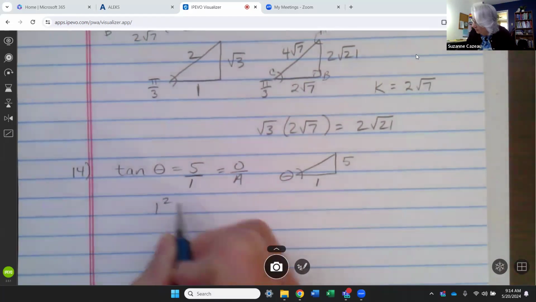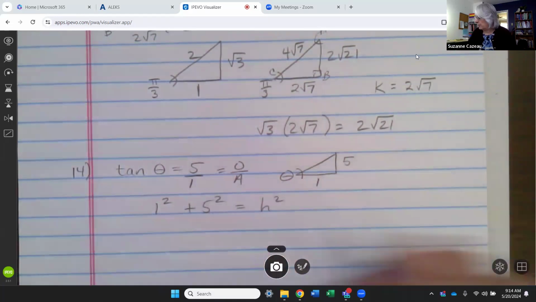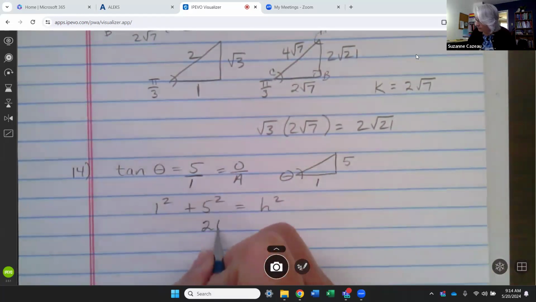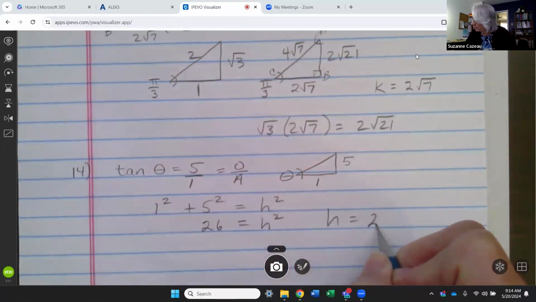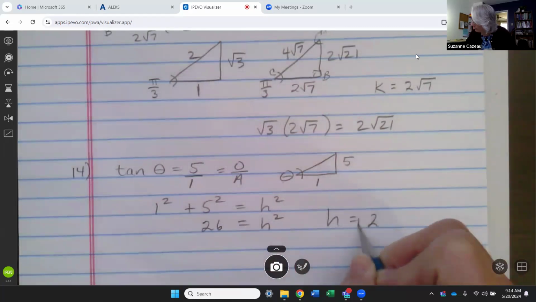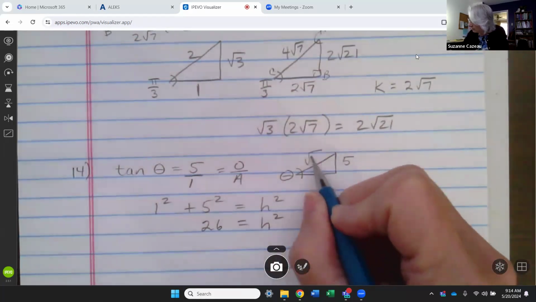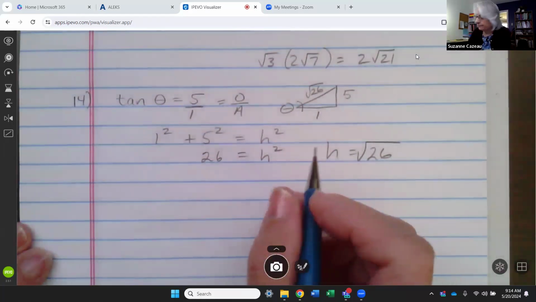So 1 squared plus 5 squared is the hypotenuse squared. And so that's 25, 26, right? And so the hypotenuse is square root of 26. And so now you can fill that in and do your 6 trig functions.